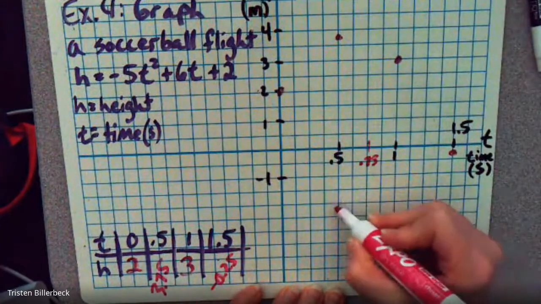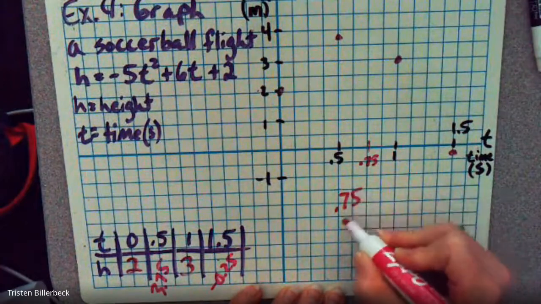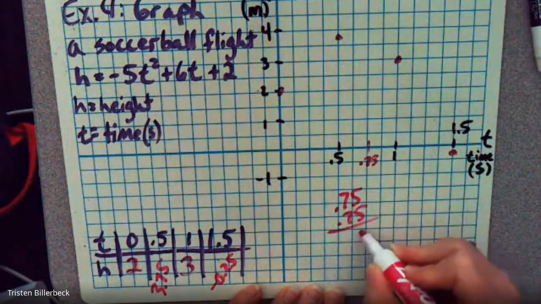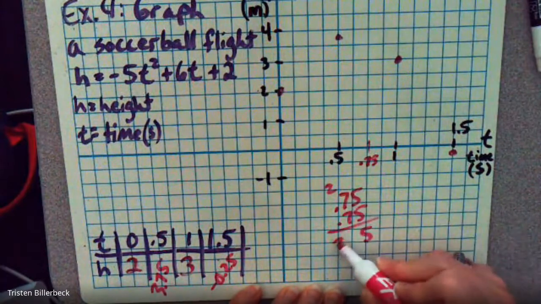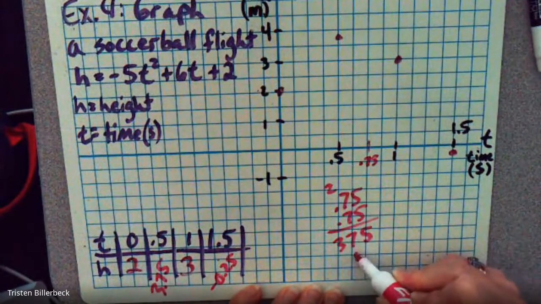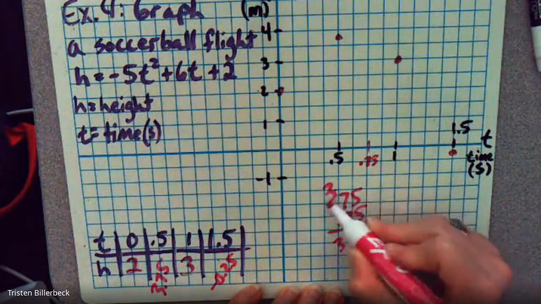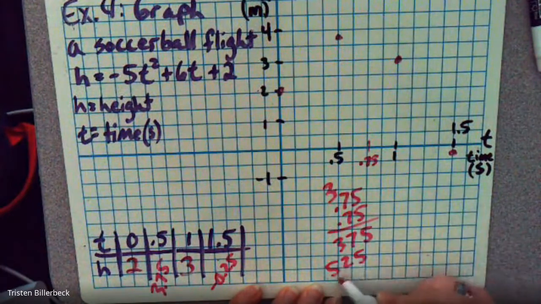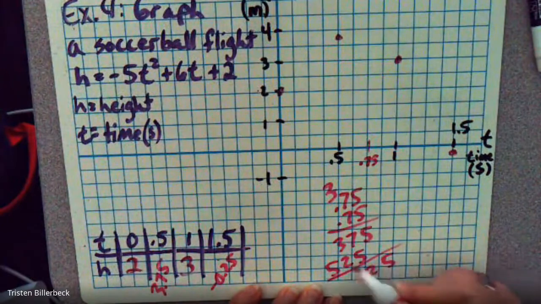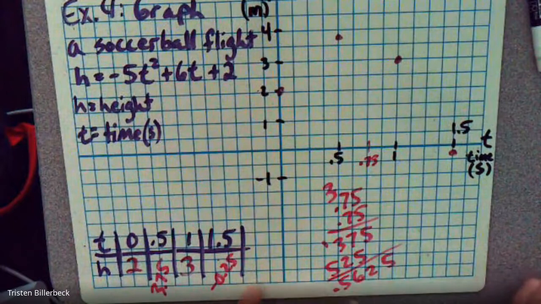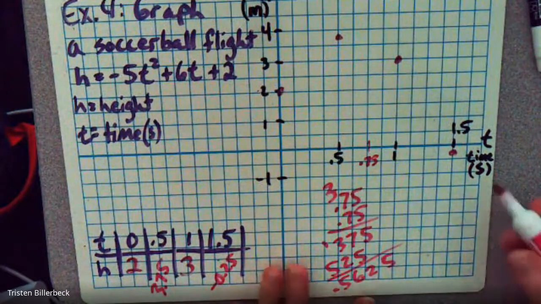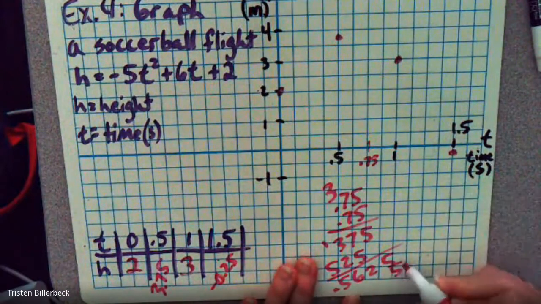So 0.75 squared. That's 0.5625. Okay, so now we're going to multiply by 5.